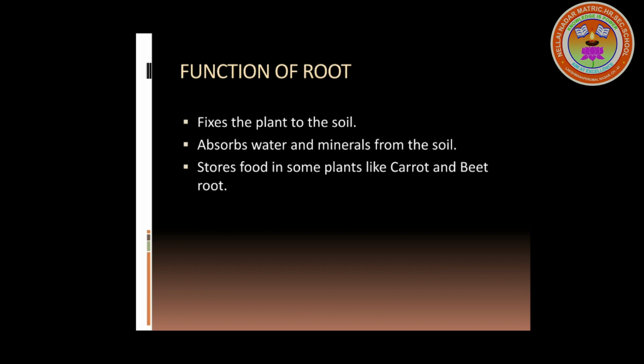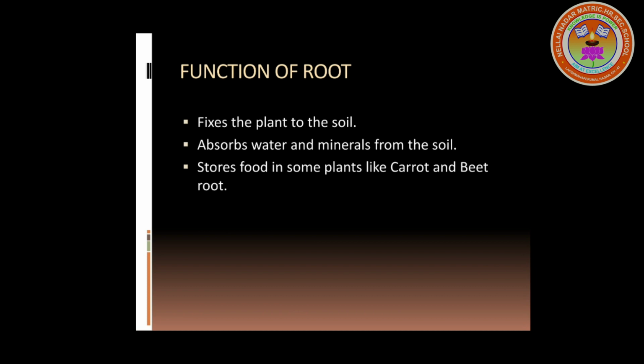Next, absorption of water and minerals from the soil. You should always keep in mind that the root helps in absorbing the water and minerals from the soil. The plants need food, and for preparing food, the plant needs water and minerals. Are you clear? Next, it stores food in some plants like carrot and beetroot.